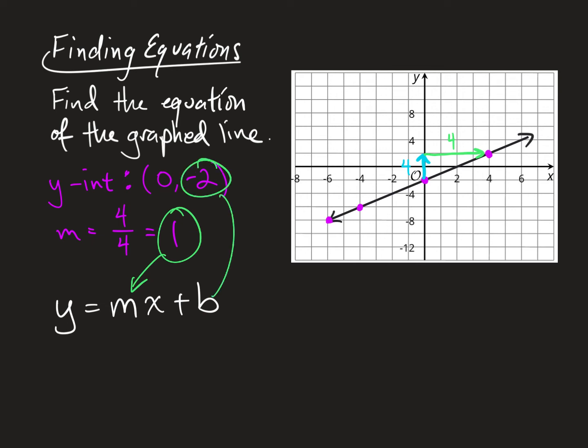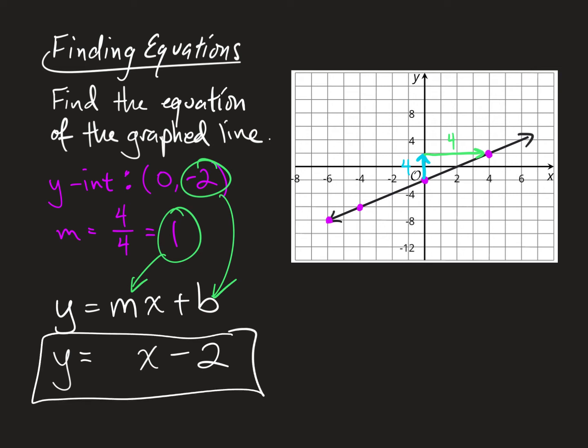I'm going to take this -2 and substitute it in for b, leaving us with the equation y equals x minus 2. You don't have to write the 1 if it is the number in front of a variable, and adding a negative 2 means you're just subtracting 2. So this is the equation of the above line.